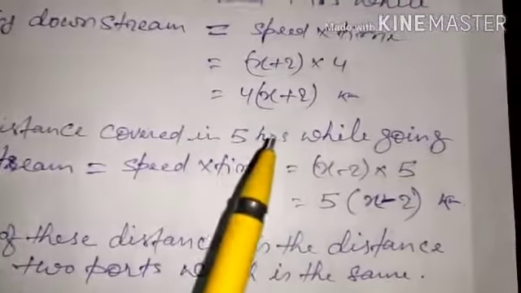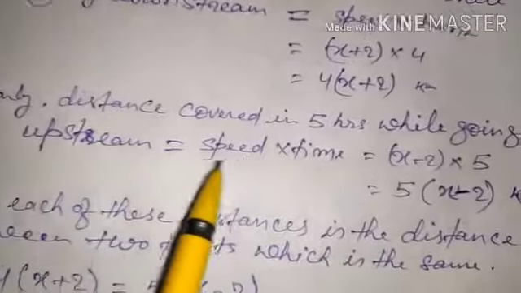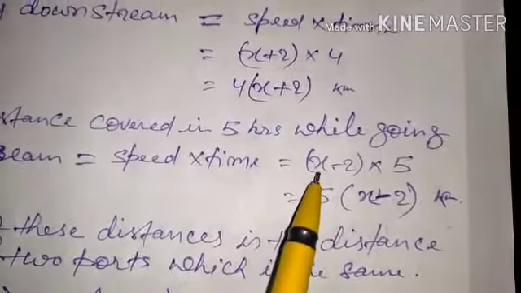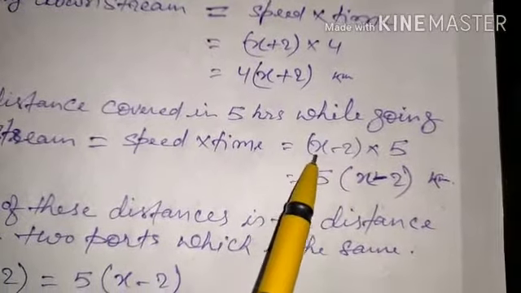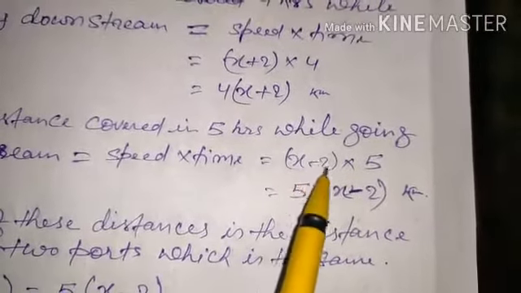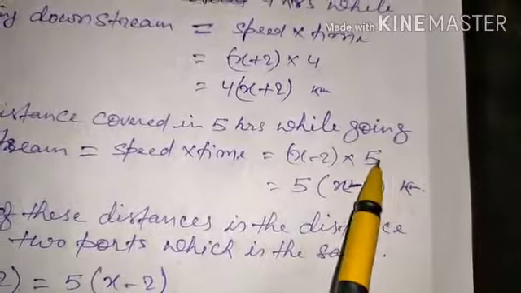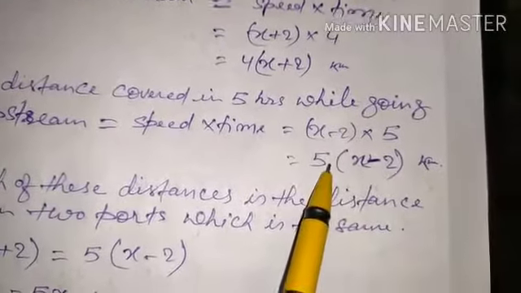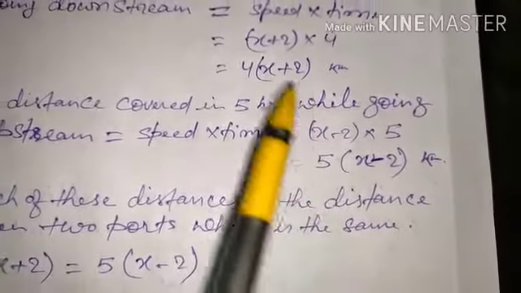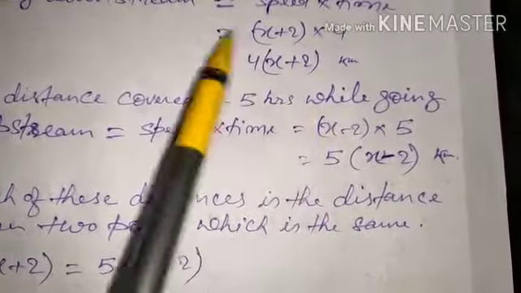Similarly, distance covered in 5 hours while going upstream, speed into time again, and the speed is x minus 2 because we are moving against the stream. Into 5, the total time taken is 5 hours, as given in the question. So 5 into x minus 2 kilometer. This is also the distance between the two ports, so both must be equal.